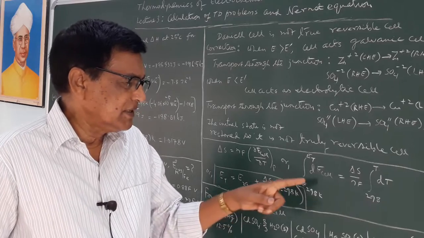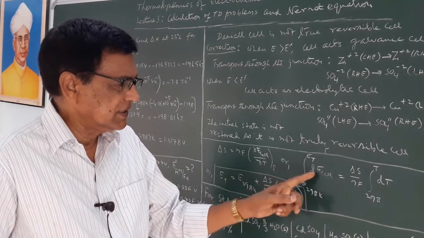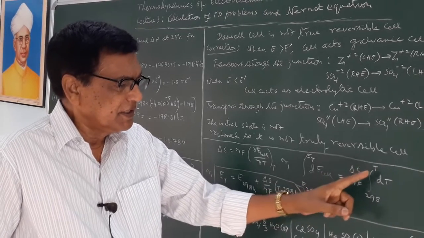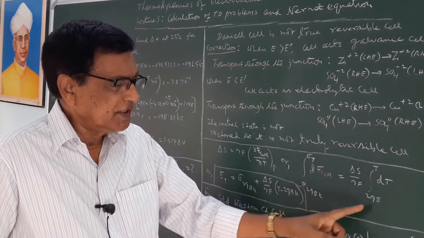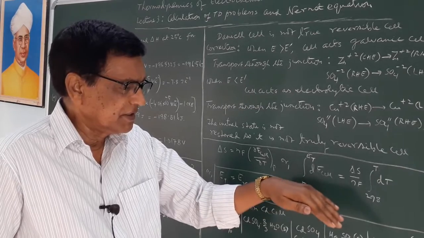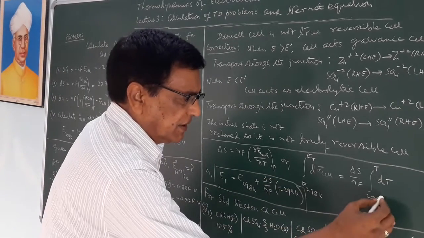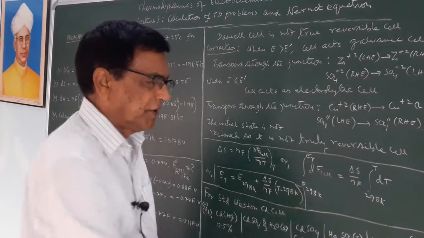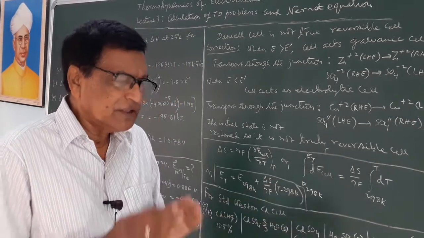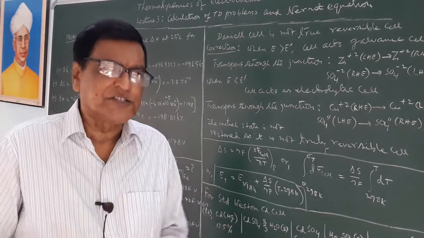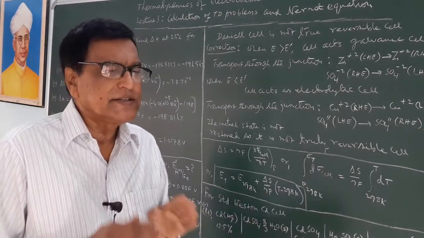So integrating d E cell and delta S by nF dT, the range is 298 Kelvin to T.